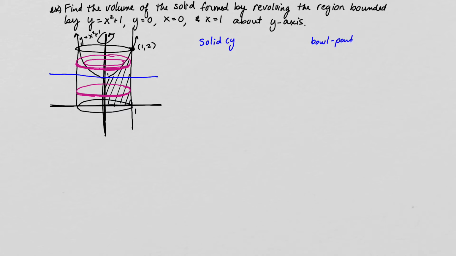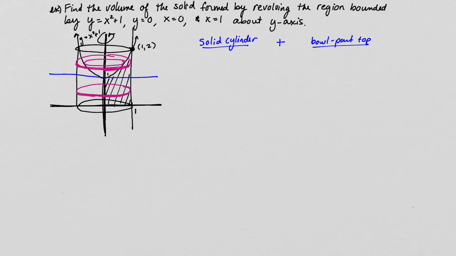There's basically a solid cylinder in the bottom, and I'm going to have to find the volume of that, and then add that to the bowl part on top. So this is going to require us to set up 2 different integrals. It's a good review of the disc method.